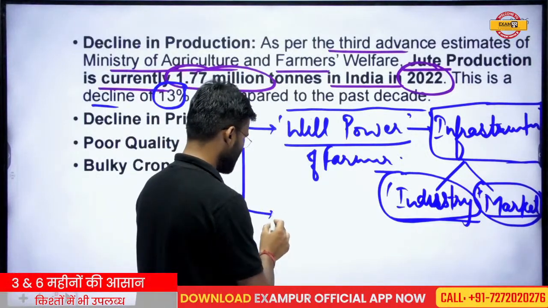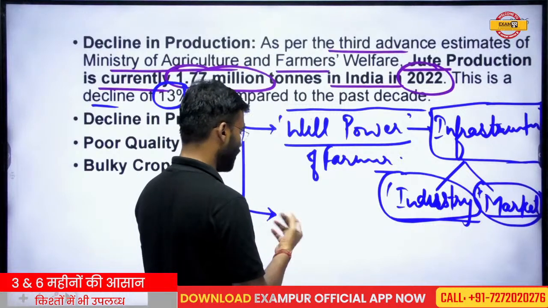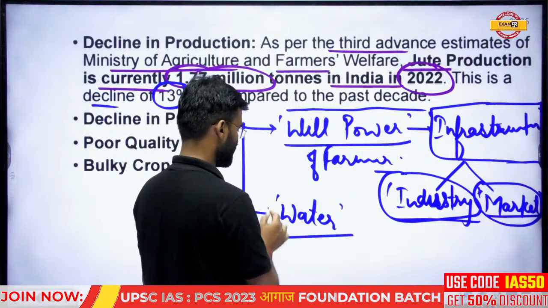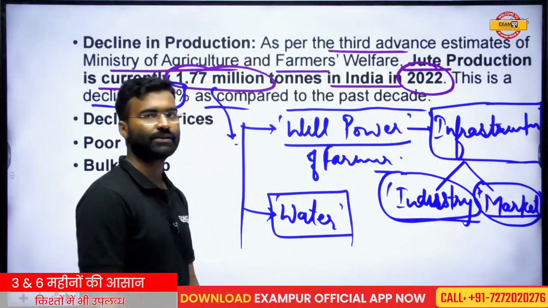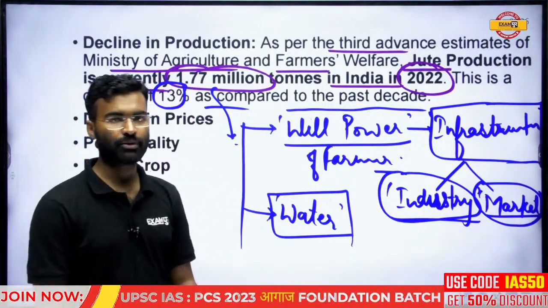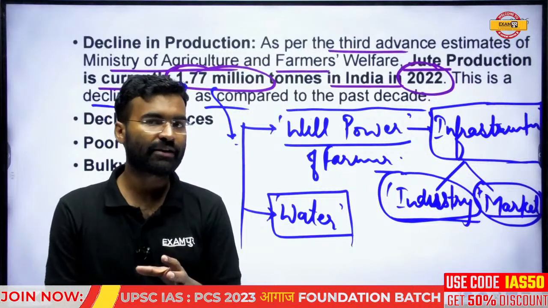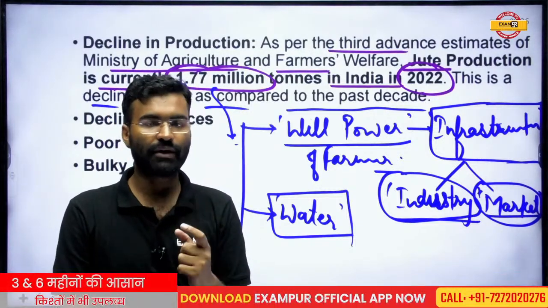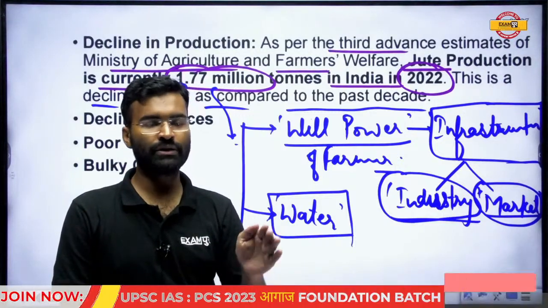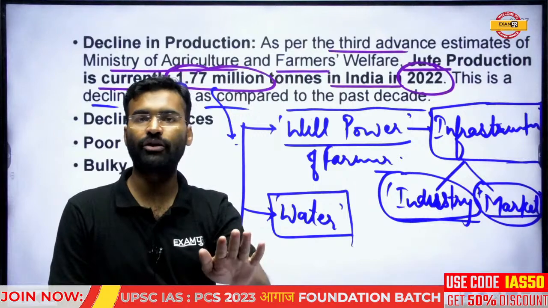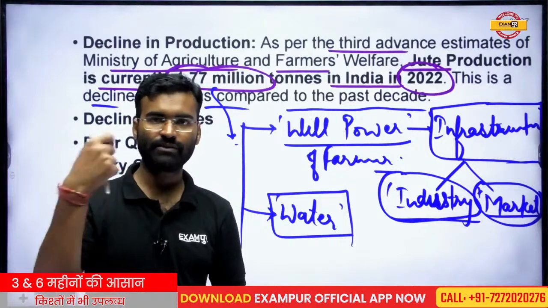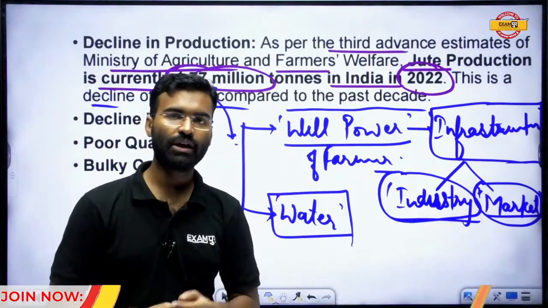Second thing, this crop requires a lot of water. The water requirement is very high in this crop. During the extraction of the fiber from the plant, there is also a requirement of water. This crop is especially submerged for a particular time period, and after that the fibers are extracted from the plants.